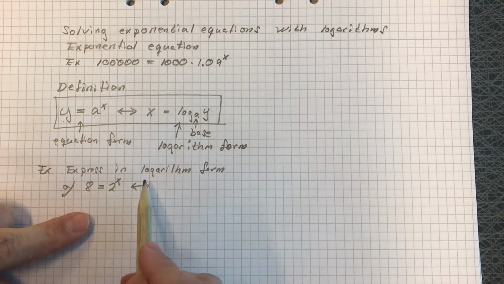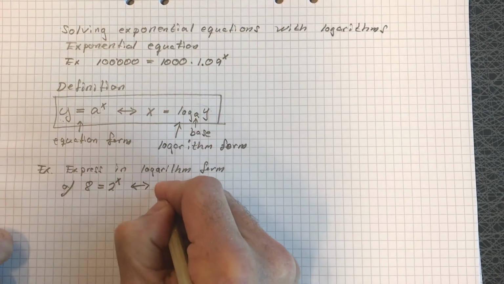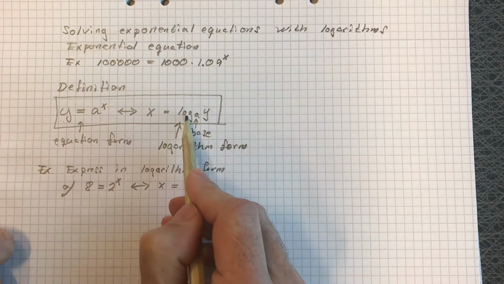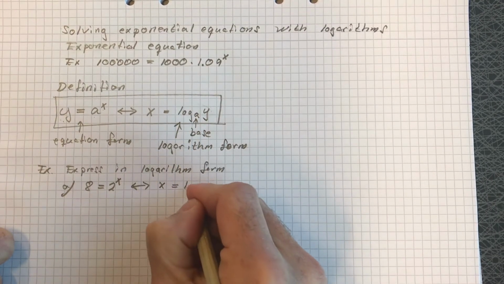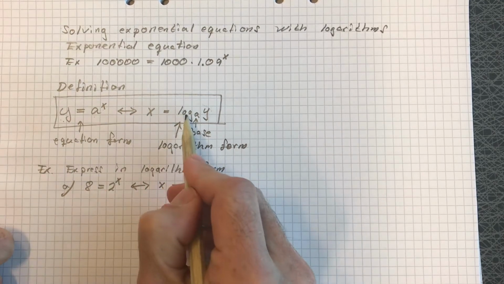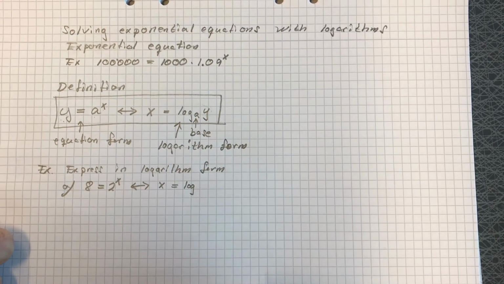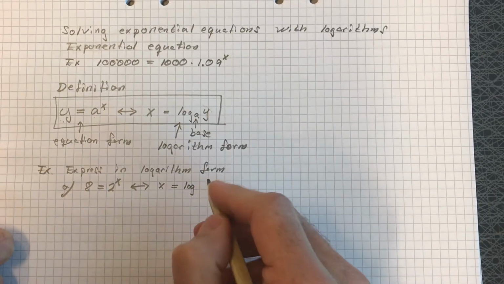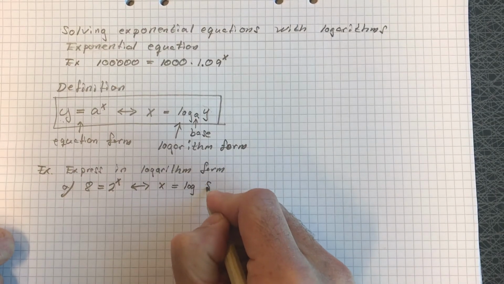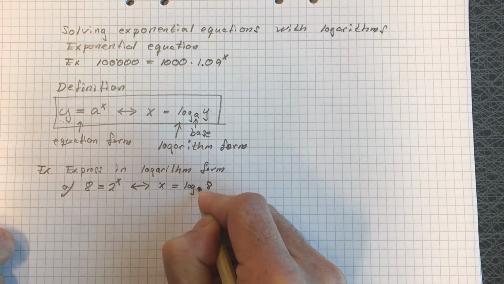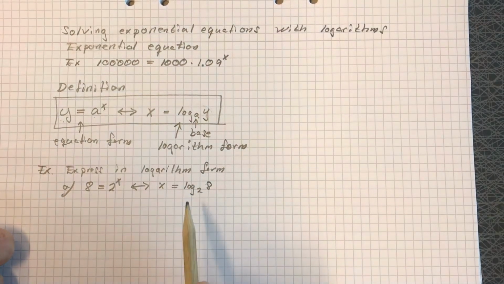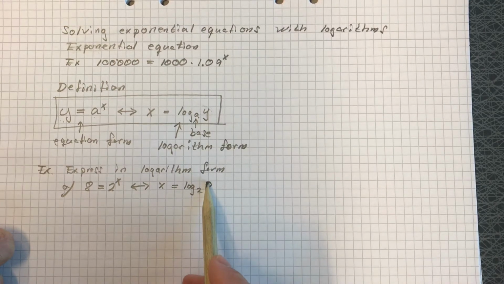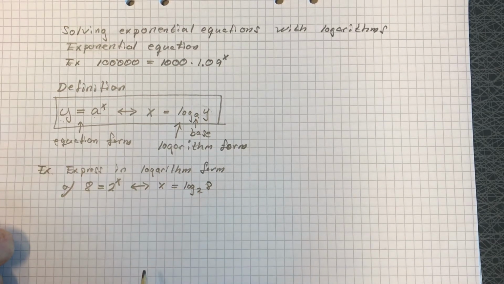So this means that x is equal to, now let's see, it has to be log here. Log is short for logarithm. So the logarithm of 8 with the base 2. So 2 is a smaller number, an index number, and 8 is the same size as log.